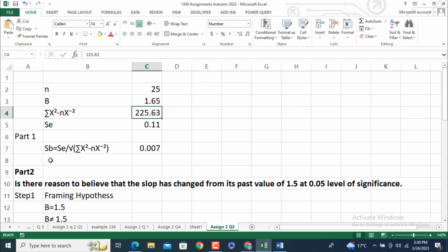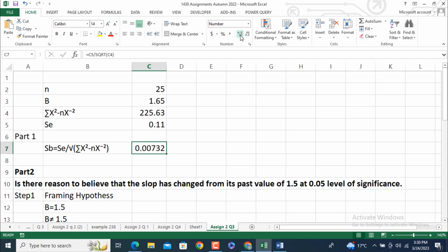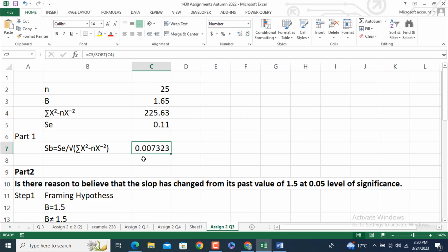So part 1: SP is equal to SE divided by the square root of summation x square minus n x bar whole square. This is not minus 2. So its value is 0.0073. So this is our required solution, which has 5 total marks.